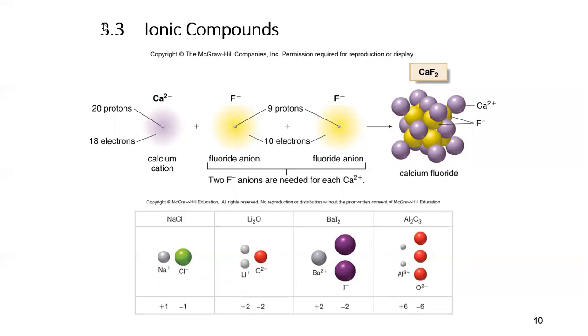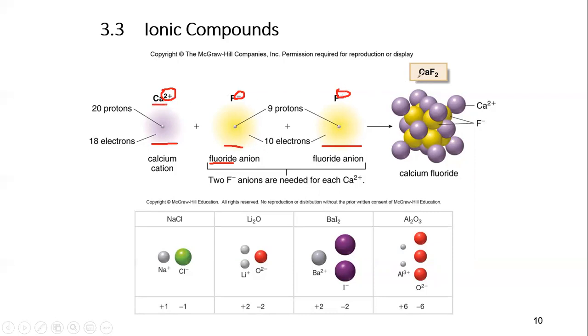So for example, if we take a calcium cation and a fluorine anion, which is referred to as fluoride. So fluoride is the anion of fluorine. It takes 2 fluoride ions to balance the charge of the calcium cation. You see here calcium is 2+, fluoride is -1. So since fluoride is -1, it takes 2 fluorides to balance 1 calcium.